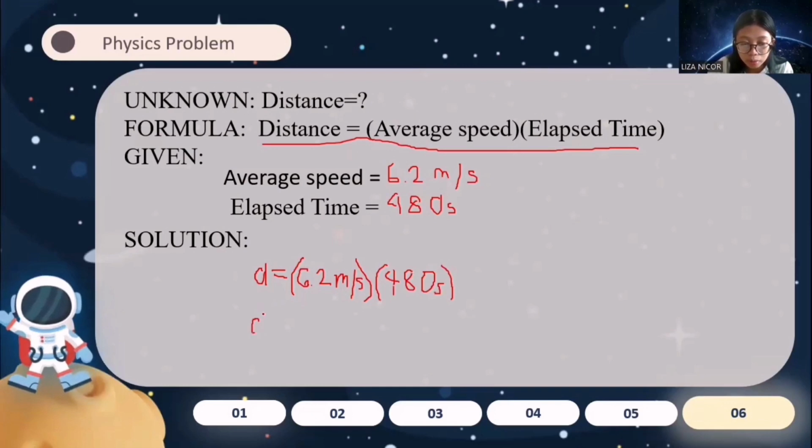Using the calculator, 6.2 times 480 seconds, we now have the distance, 2,976 meters. Don't forget the unit. This is the distance the bicycle traveled in the north direction.